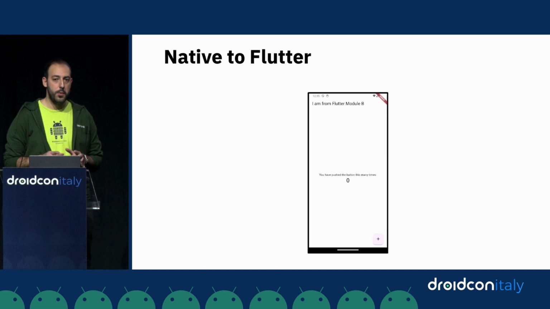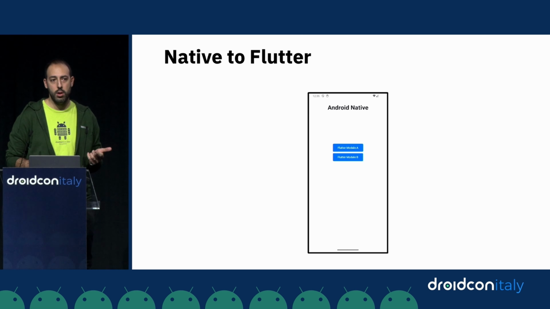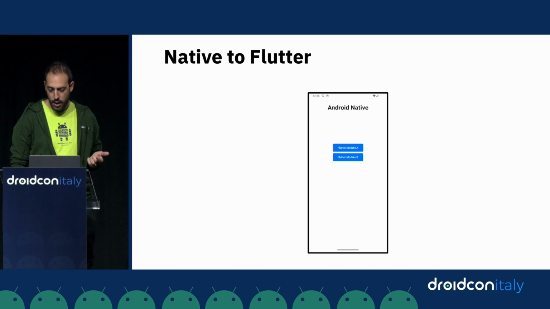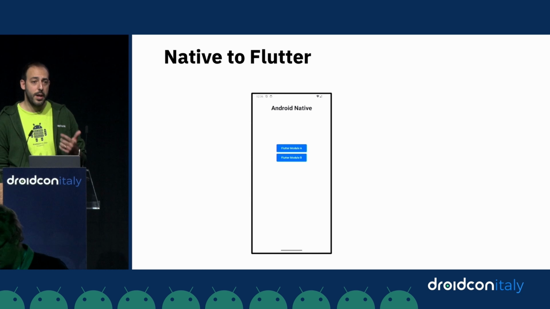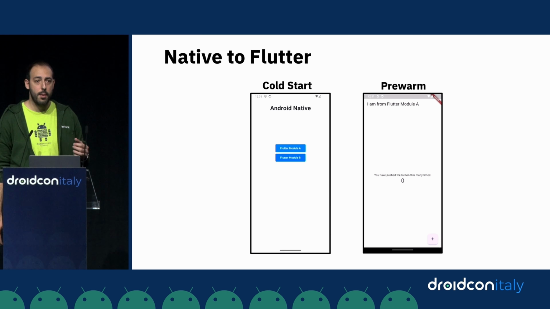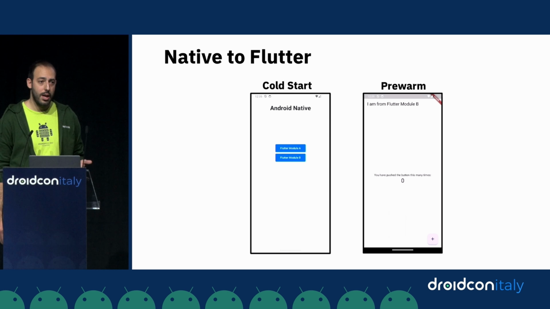But I don't know if you saw that we are wasting some time for loading the module because it's costly. So there is another phase that we can use, which is the pre-warming phase. We are preloading the Flutter engine before rendering it.